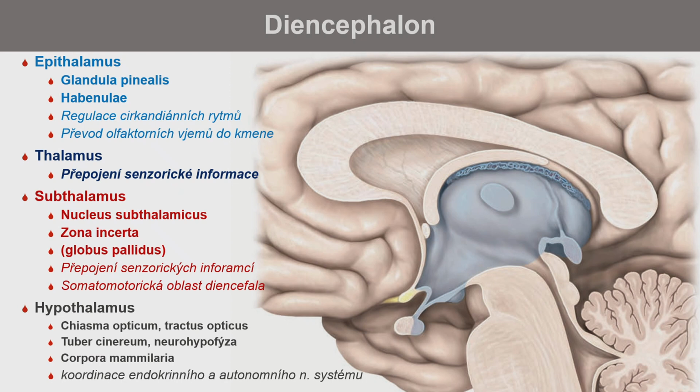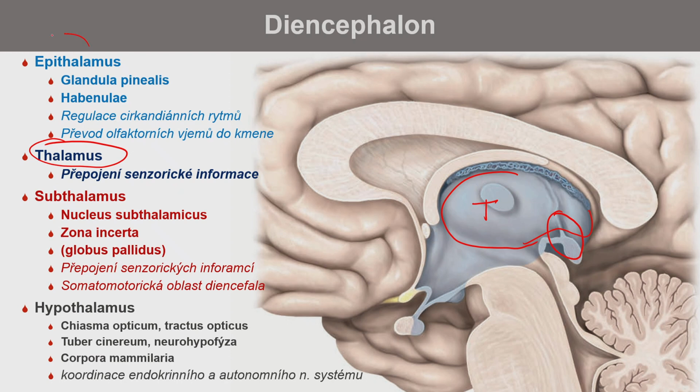Diencephalon then is divided in 4 parts. The key name is a thalamus, and thalamus is the largest one. This is a thalamus. Then we have very important structures which are behind, but in fact, in quadrupeds, it's up.